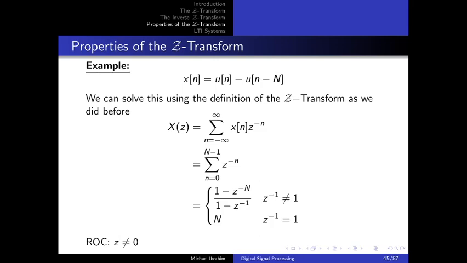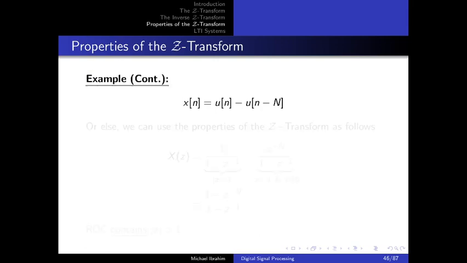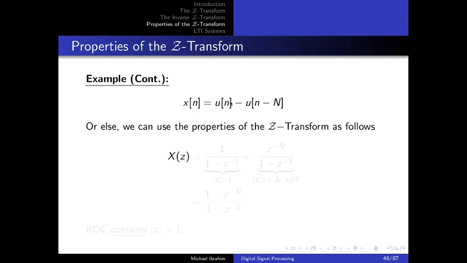We can also solve the same problem using the linearity property. So we can use the properties as follows: u of n minus u of n minus N. For u of n, we can find the Z transform by itself. It's basically 1 to the power n times u of n, and from the lookup table we have, it will be 1 over 1 minus z to the minus 1, and the region of convergence would be modulus z larger than 1.